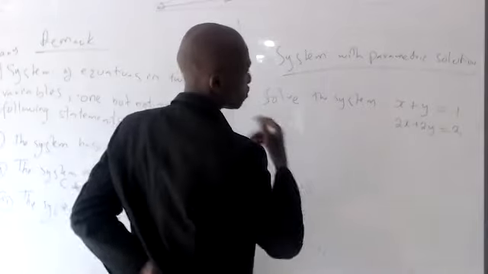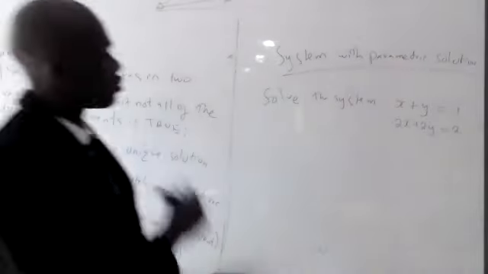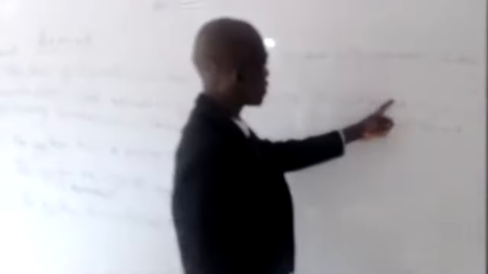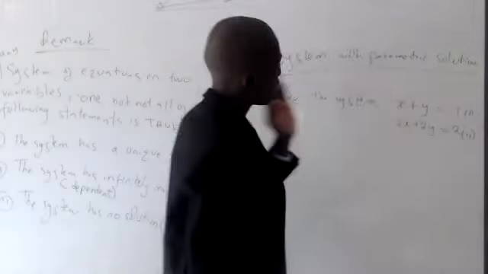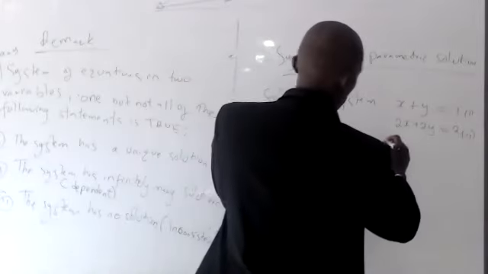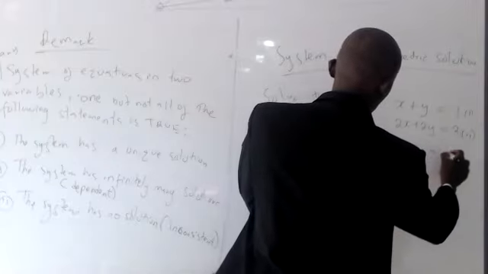So by elimination, I would make coefficients. I would multiply the first equation, this is your first equation, second equation, I multiply this by -2. So you get -2x minus 2y is equal to -2.